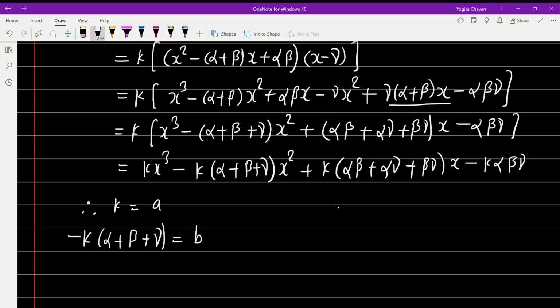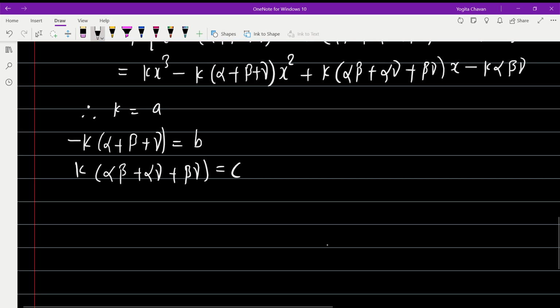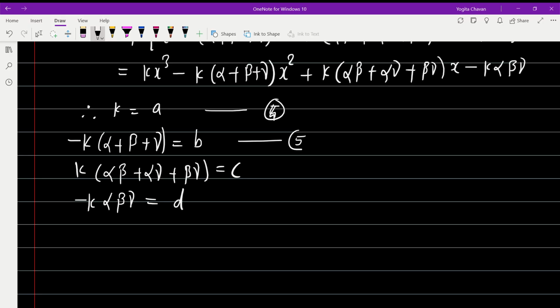Coefficient of x: k into alpha beta plus alpha gamma plus beta gamma is equal to c. And the fourth equation: minus k into alpha beta gamma is equal to d. Now number these equations 4, 5, 6, 7.